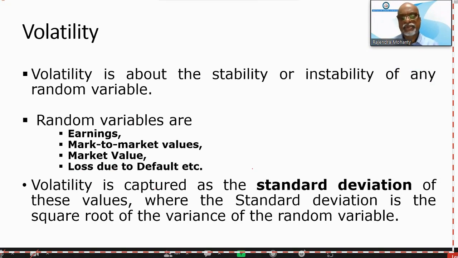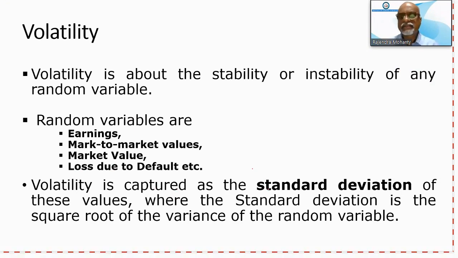Volatility is captured or measured as the standard deviation. Again, standard deviation comes into picture. So we have to calculate the standard deviation of a particular sample values, where the standard deviation is the square root of the variance of the random variable. Okay.